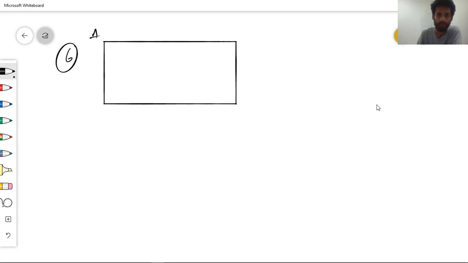So the figure is A, B, C, D. Here it is given 72, then here it is given 58. I'm just writing the short form. Length is 72, breadth is equal to 58.